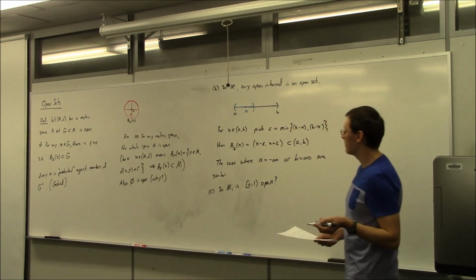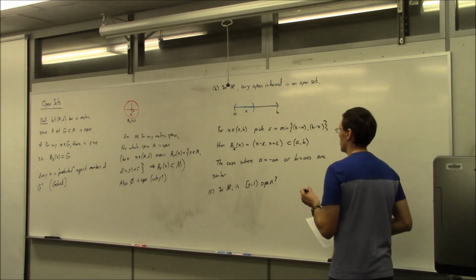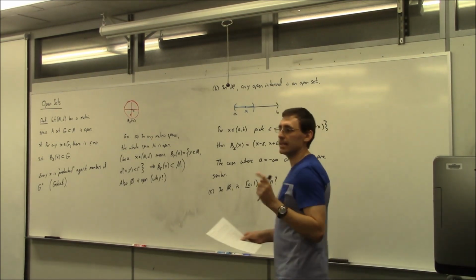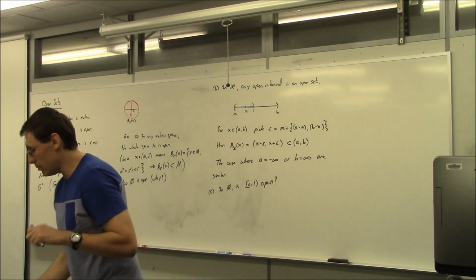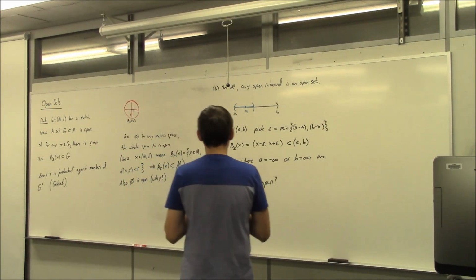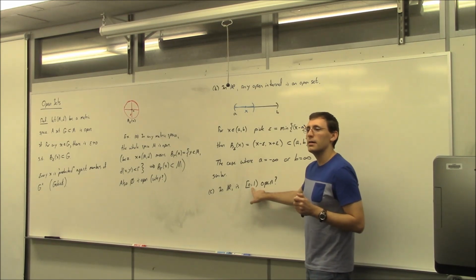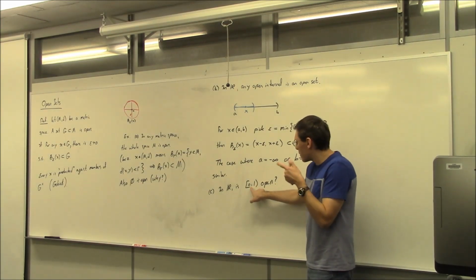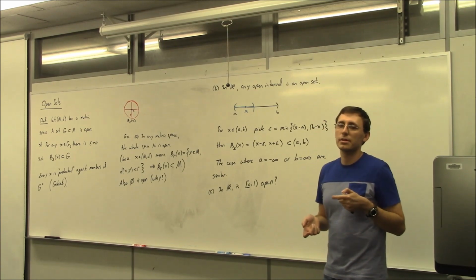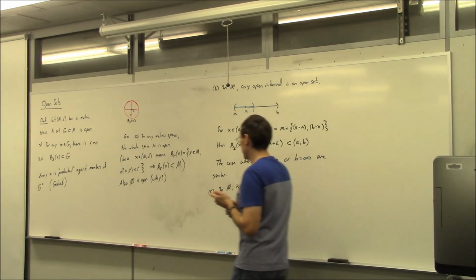Is it open? What's wrong with it? So what I'm asking, in other words, is this herd protecting? Is this a perfect herd for all the members? So what makes it not perfect?